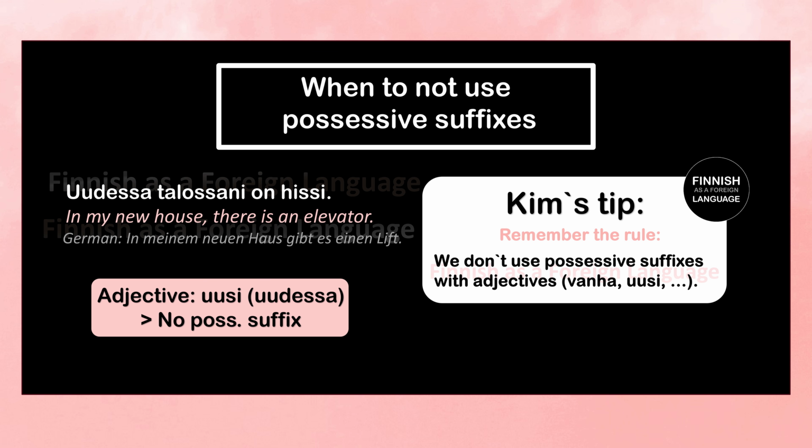Uudessa talossani on hissi. Talossani, by the way, means in my house. Talossani is a combination of the word talo plus the inessive marker ssa plus the possessive suffix ni. Uudessa talossani, in my new house, on hissi is an elevator. Hissi is elevator. In my new house, there's an elevator.